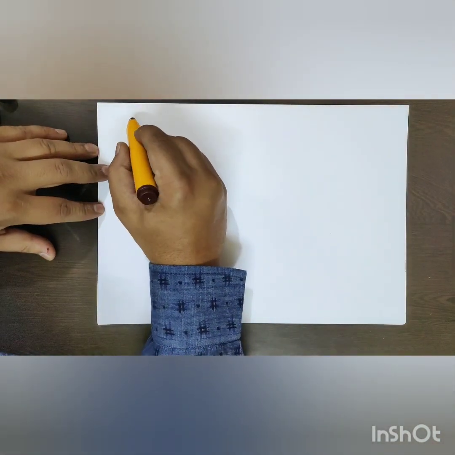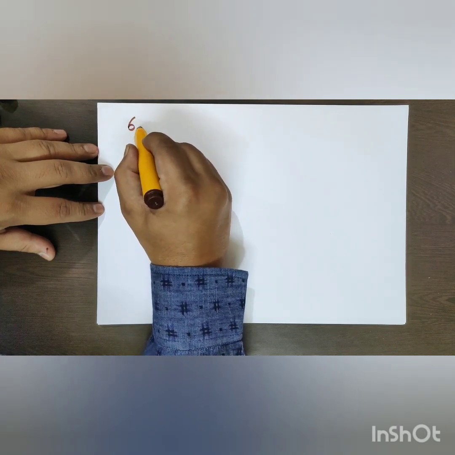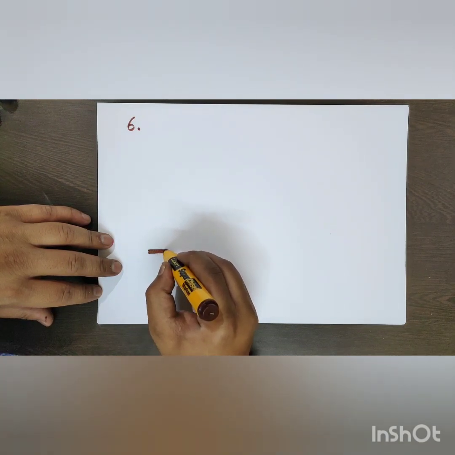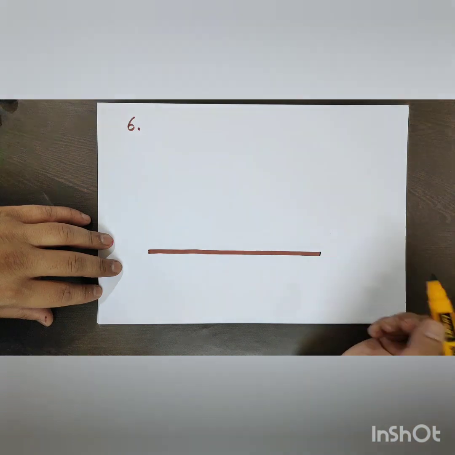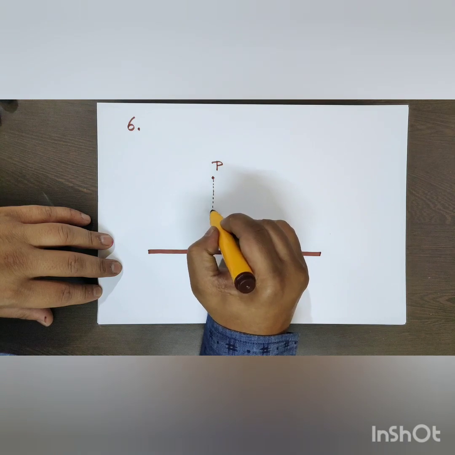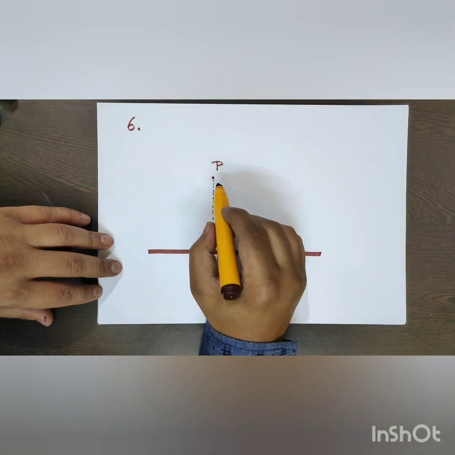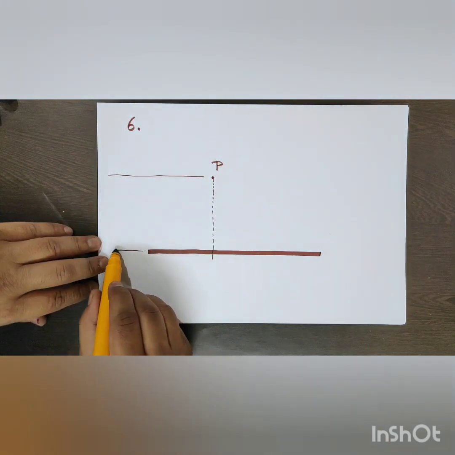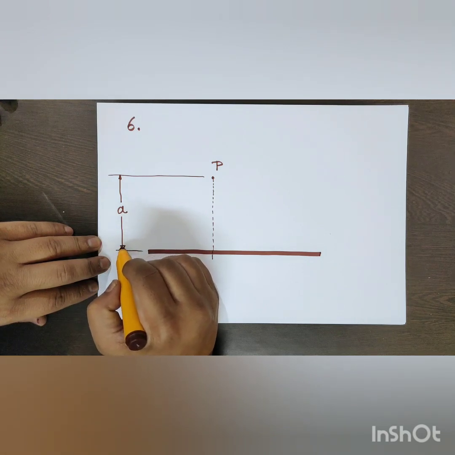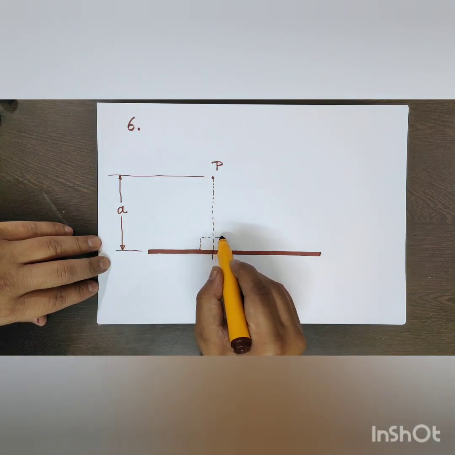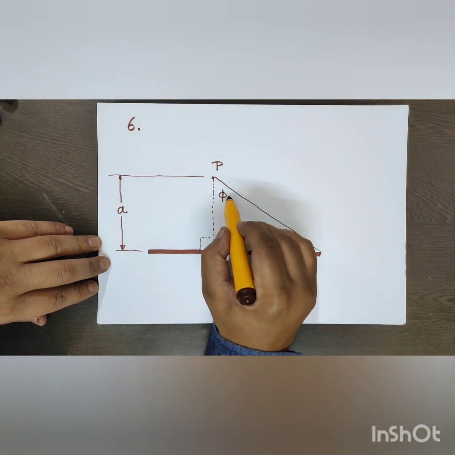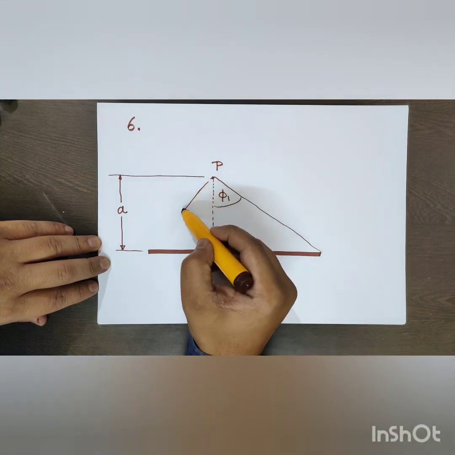Now this question number 6, say again you have a line charge, and you have a point P here, so its perpendicular distance a from the line charge, and it subtends angles like this, phi 1 here and phi 2 here.